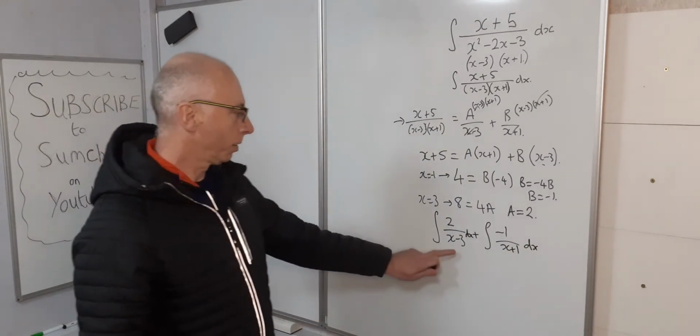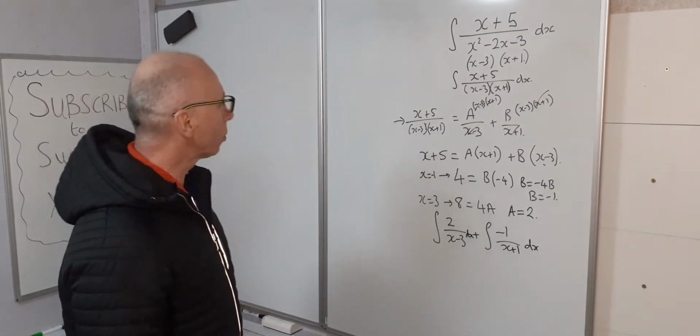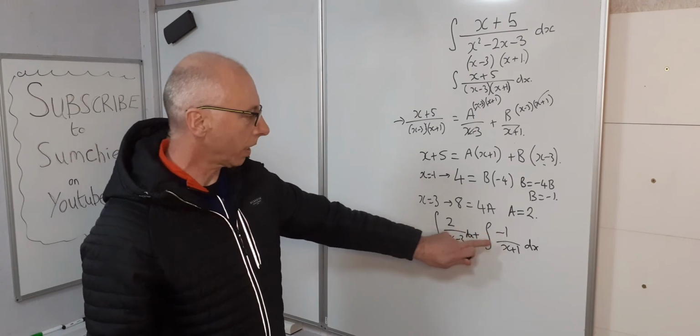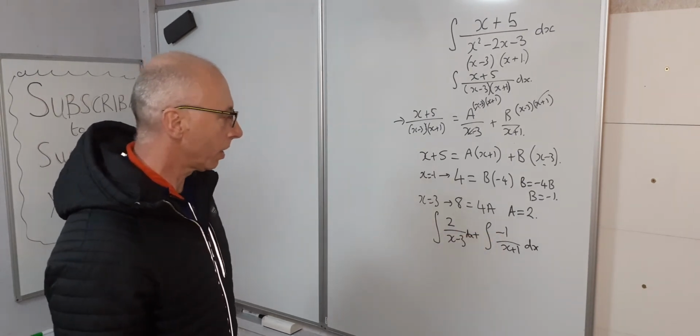Okay, so now we can integrate these pretty much straight away. We'll tidy this one up, get the 2 out front, tidy this one up, get the minus 1 out front, and then it makes things a lot easier for us.